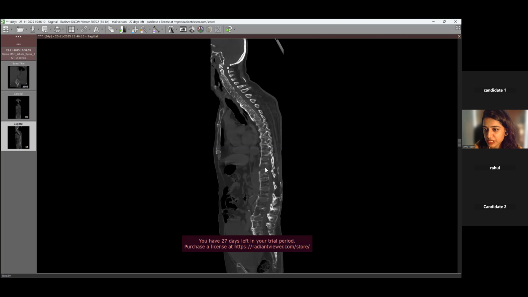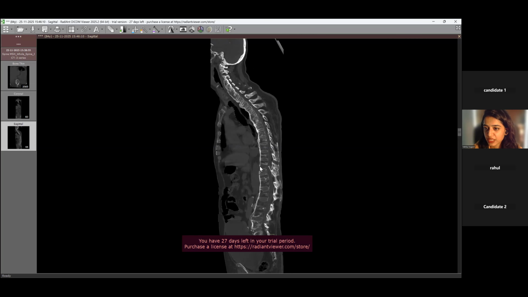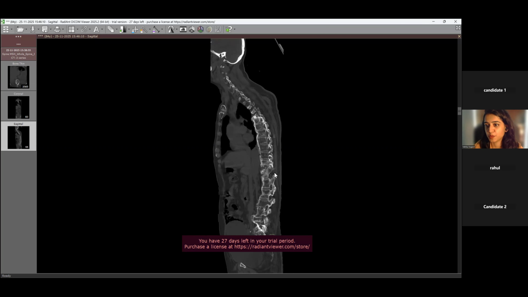What we are seeing as T2 hyperintensity is basically the space between the two vertebrae. It has got angulated and fractured through all the ossified ligamentous complex.